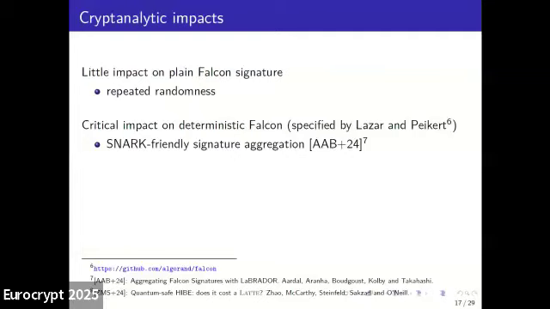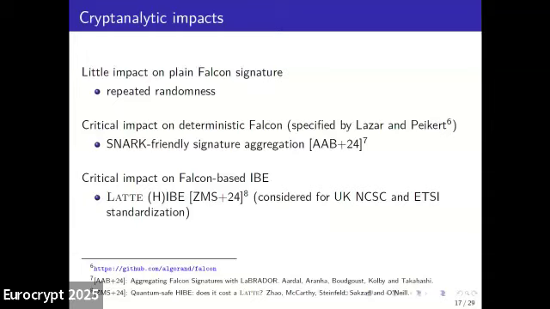Such a design has been applied to achieve more efficient, hardware-friendly signature aggregation. And our attack has critical impact on Falcon-based identity-based encryption. Such constructions have been considered in lattice identity-based encryption.